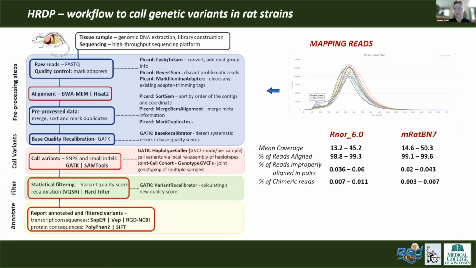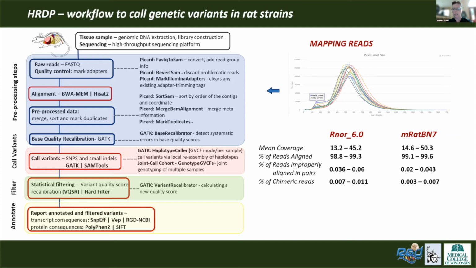Next, I will show a couple of comparisons between 2 different rat genome references, as that was the main interesting part of this analysis: comparing the RN6 genome reference and the new one, which was just released in November 2020.